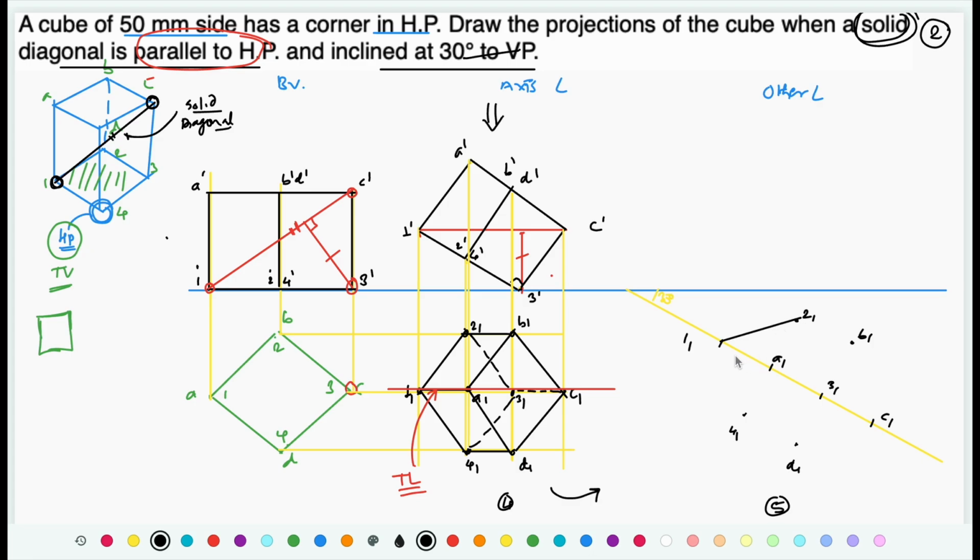So this is a visible line, this is a visible line. This is going to be a dotted line. This is also a dotted line. A connected with 4 with visible, AB visible, AD visible, and 1A also visible.